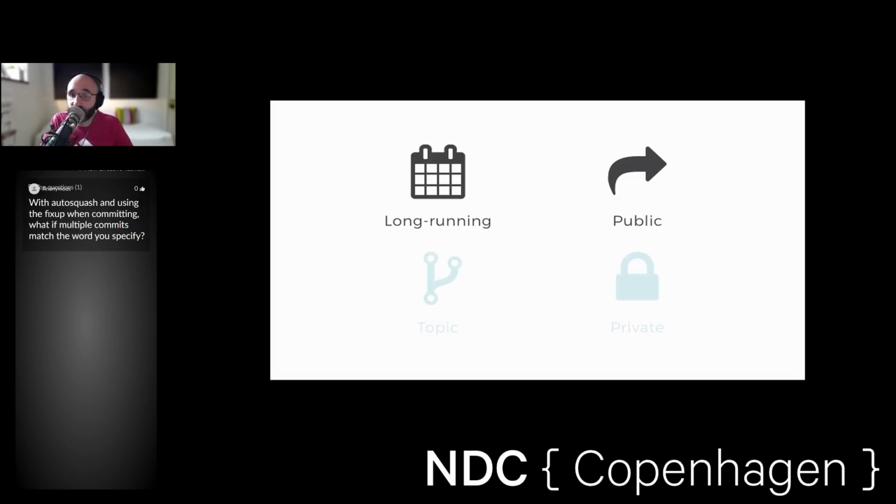Long-running public branches, those are okay. Actually, those are necessary in the case of master. Topic branches that are private are also okay. However, keeping a long-running branch that only you have access to, keeping it around for a long time is a problem, because the longer you keep the branch around, the harder it's going to be to keep it in sync with the main branch that's being shared.